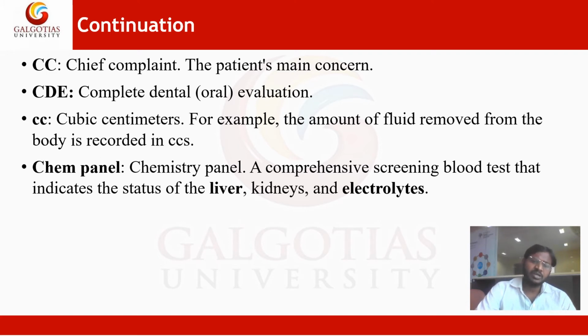In the chem panel, under the liver, we go for bilirubin, SGOT, SGPT, and under the kidney, creatinine, urea, and the electrolytes, sodium, potassium. This is all under the chem panel. When you are in hospital, the doctor mentions the panel, chem panel, like LFT or KFT, like that they write.